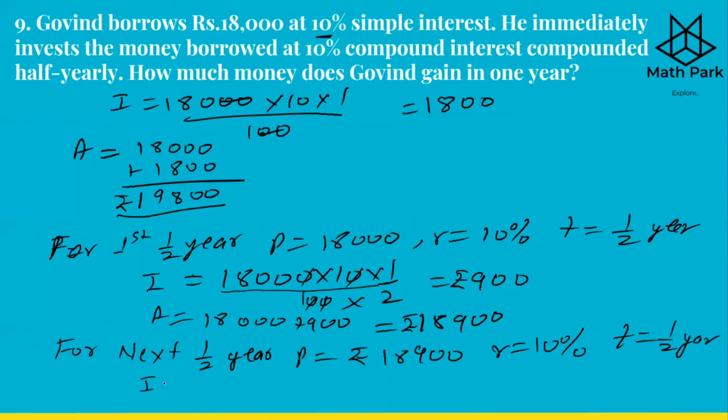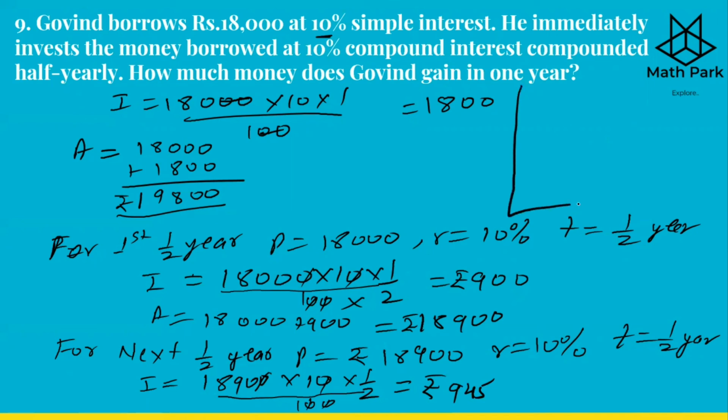And then you have interest is equal to 18,900 multiplied by 10 into half upon 100. So you get 1890. When you divide by 2, you get rupees 945.